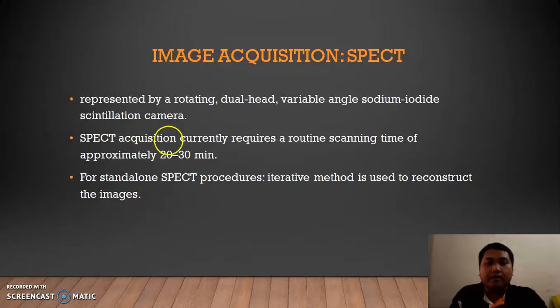Basically, an iterative method is used to reconstruct the image for standalone SPECT procedures. And after both image acquisitions are done, the image acquisition of SPECT and CT will be combined.